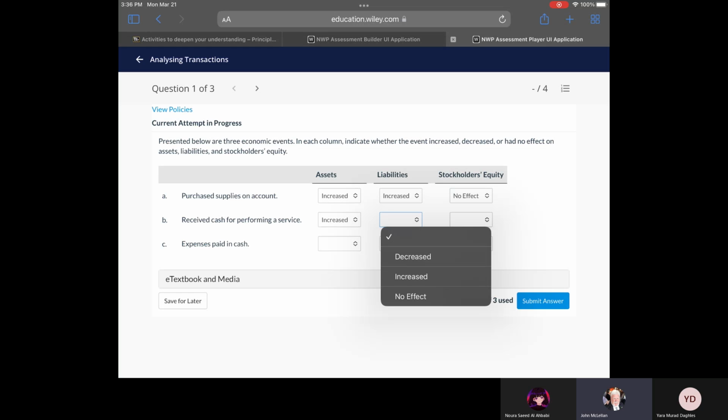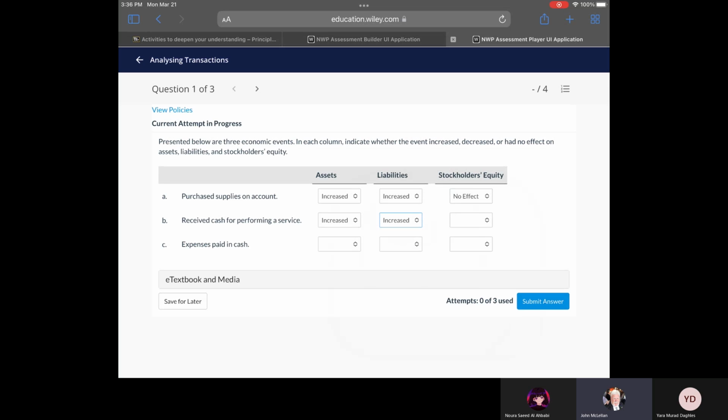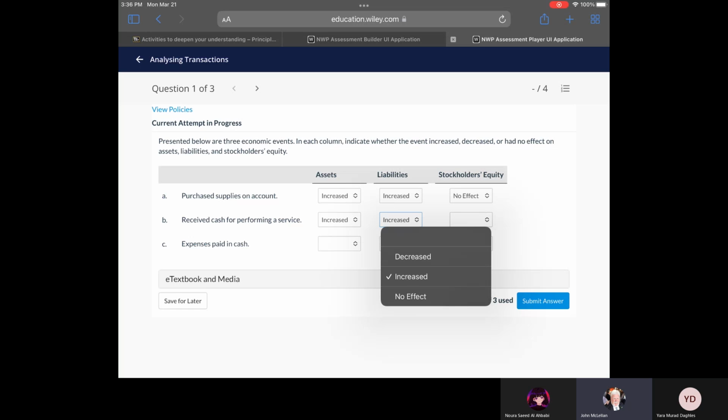What's the other account that was affected? You said it before. What's the other account? No, wait. I perform service. Every time I perform service or sell a product as a business, I earn revenue. Revenue increases shareholders' equity. So what we have here then, the what increase?